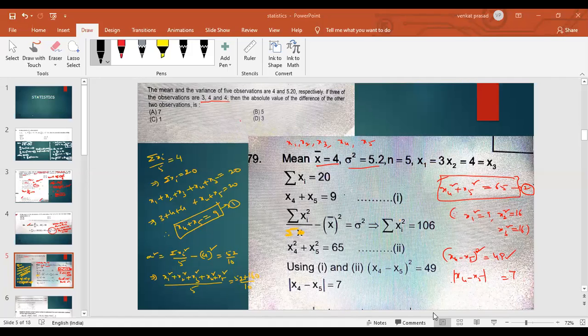Standard deviation is root over the sum of the squares of the deviations we are taking. Otherwise, I will give the formula at the end of the class.